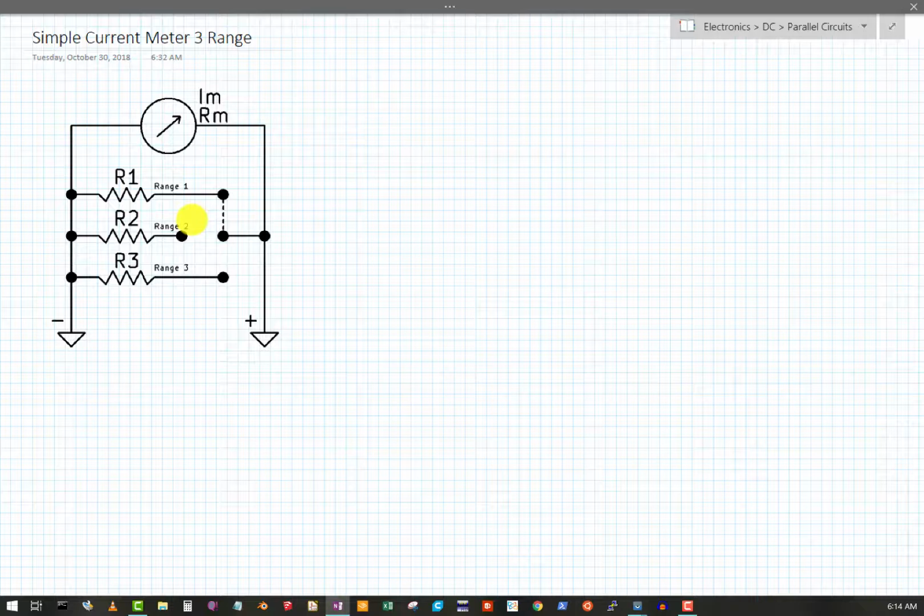Alright, so let's pick some range currents. My DMM, or a typical DMM, goes 2 milliamps, 20 milliamps, and 200 milliamps.